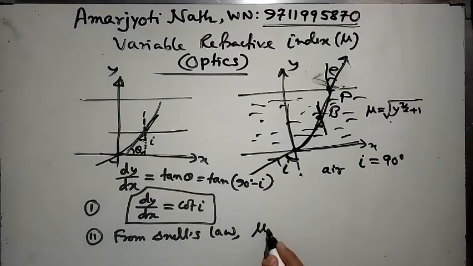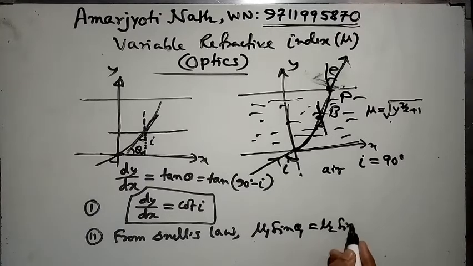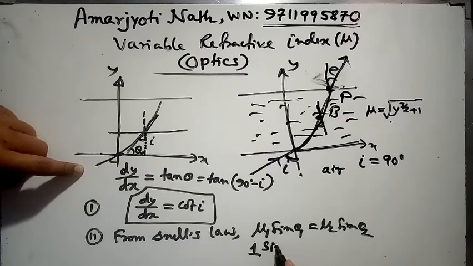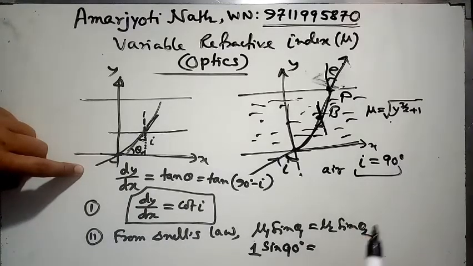See, Snell's law is mu1 sin theta1 equals mu2 sin theta2. Everybody knows. So mu1 is 1 here, since the medium is air, so the refractive index is 1. And the sine of the incident angle, which is given as 90 degrees.